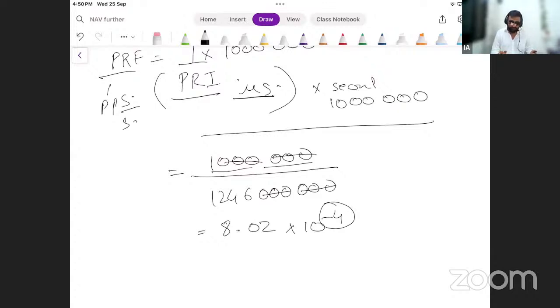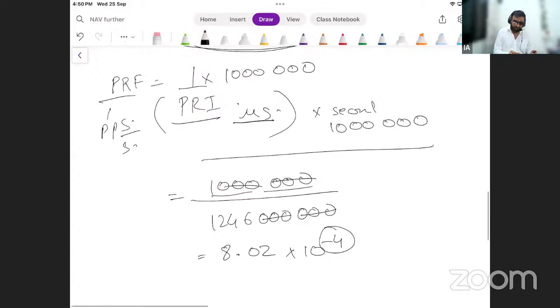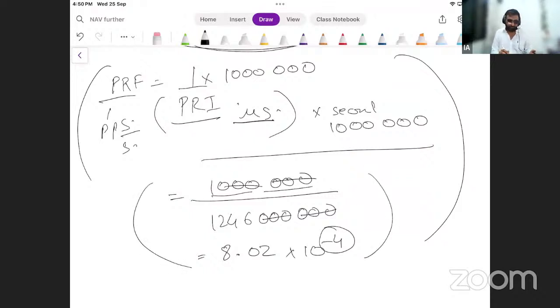So what we really need to be careful about is this confusion here. Okay. This is not the best way to solve it. Why?